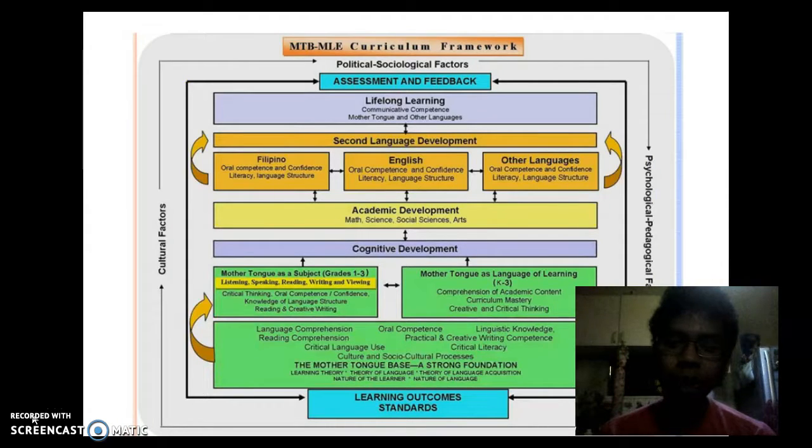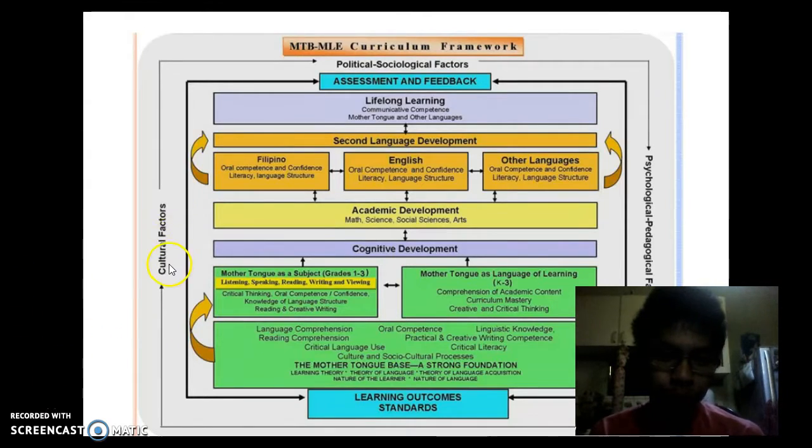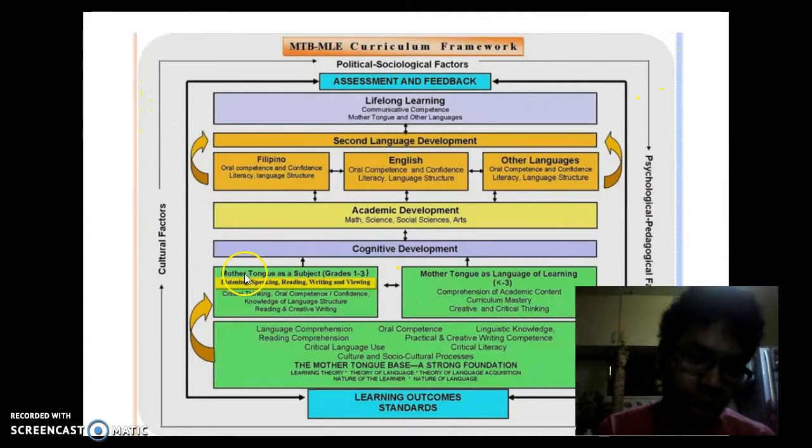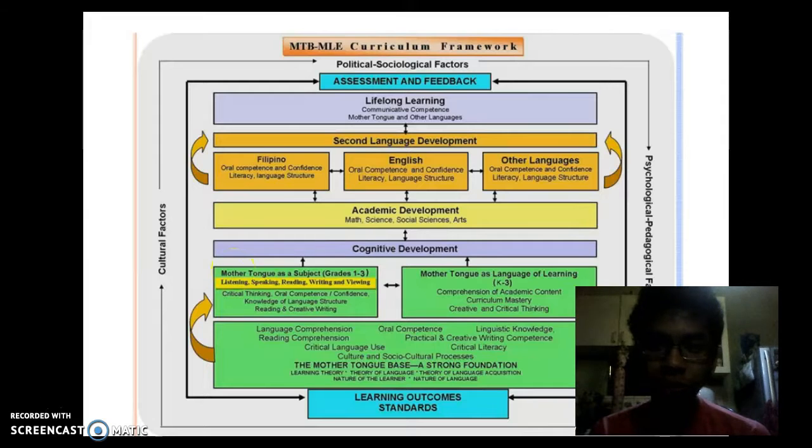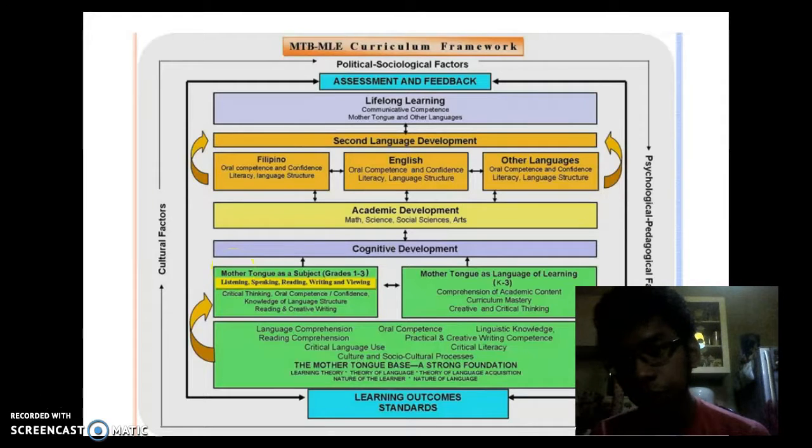So first, this is the framework itself. As you can see, there are three factors in this framework, namely the cultural factors, political sociological factors, and psychological pedagogical factors. The framework, or MTB-MLE itself, revolves around these three.